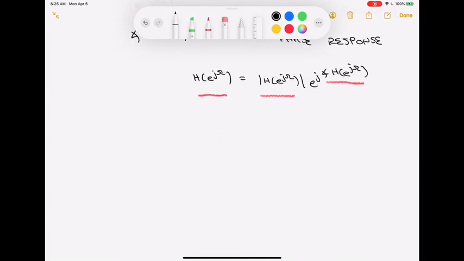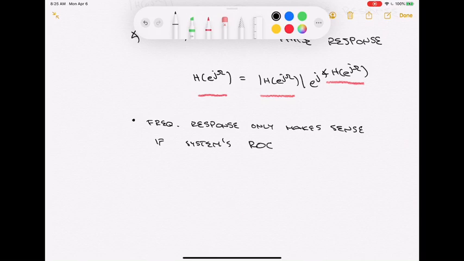One point worth making here is that frequency response, as a concept, as something to compute, only makes sense if the system's region of convergence includes the unit circle.